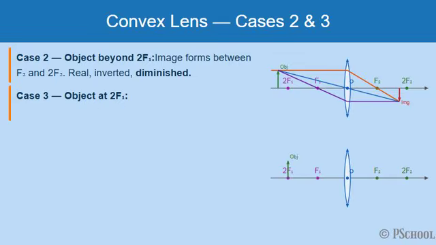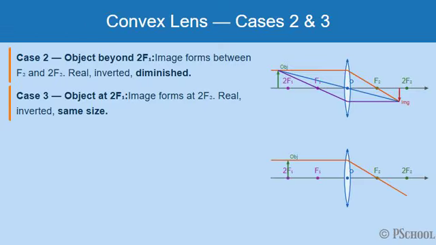Now case 3, object placed exactly at 2f1. Ray 1 again travels parallel and refracts through f2. Ray 2 goes through O without deviation. Ray 3, directed toward f1, emerges parallel after refraction.